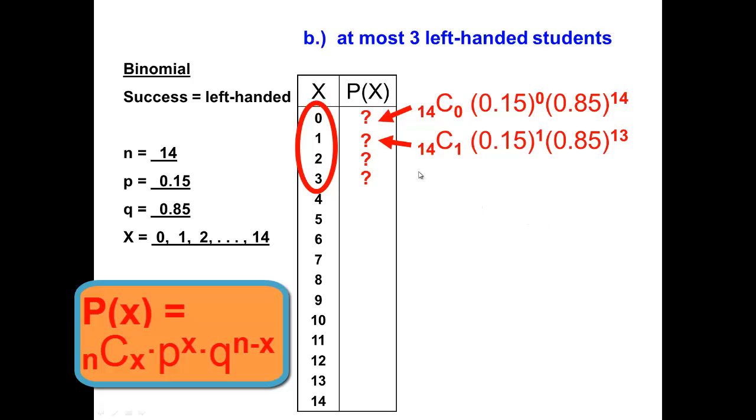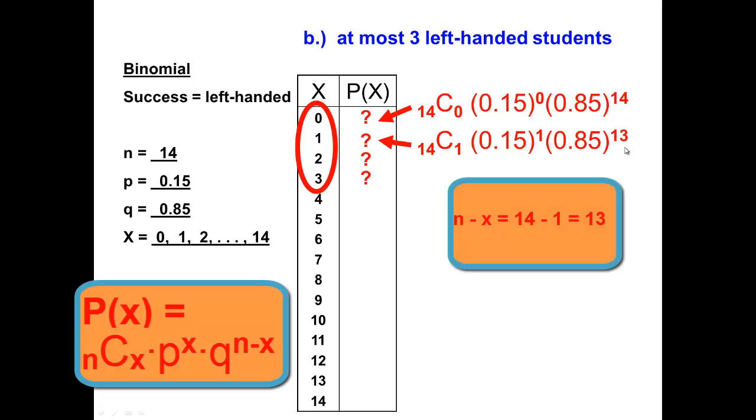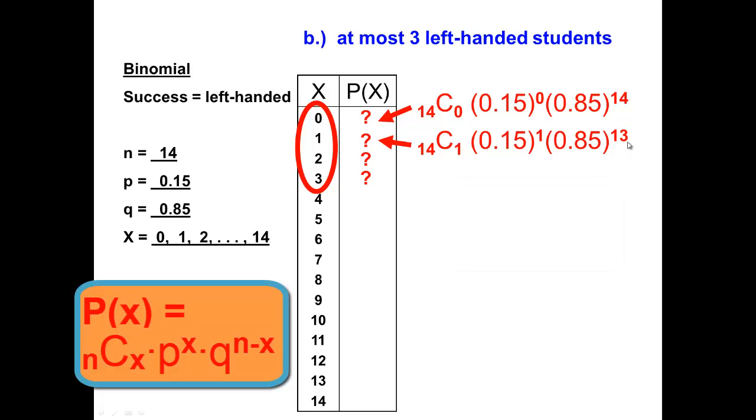For our second formula, we will have 14, and then because we have x equals 1, we have choose 1, and then 0.15 raised to the first power because we want 1 success, and that leaves us 13 failures, so that would be 0.85 raised to the 13th power, because 1 plus 13 accounts for all 14 of the students.